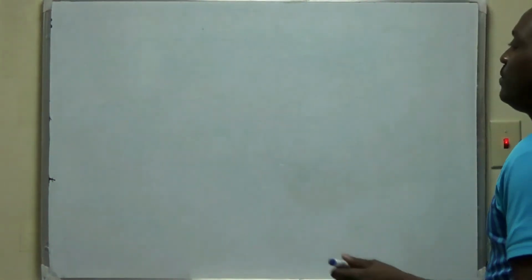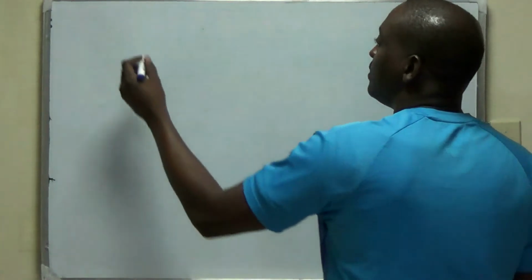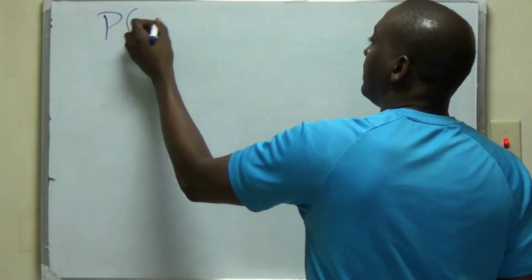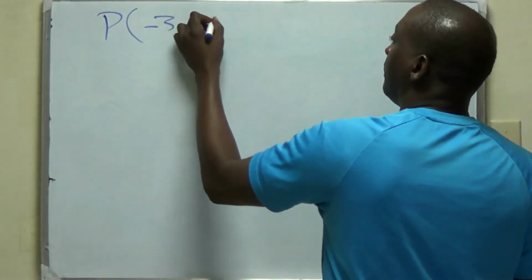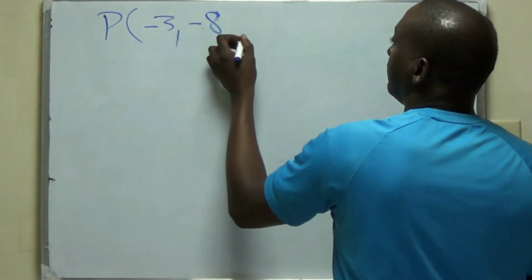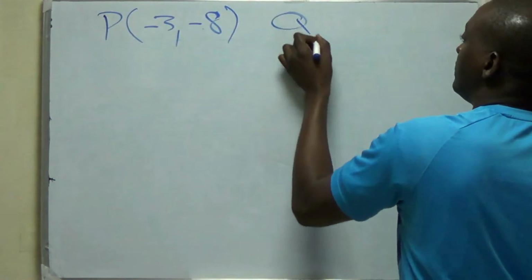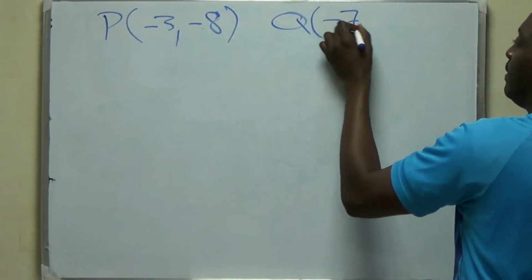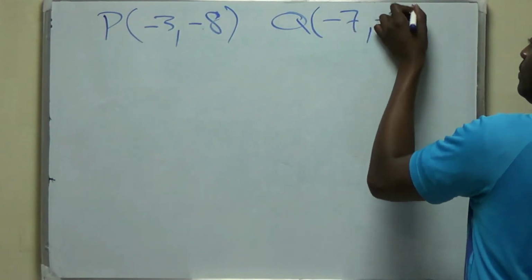Alright, so again, let us use two random points where all the coordinates are negative. Let me use P and Q. Let us say the point P is the point (−3, −8), and the point Q is the point (−7, −2).